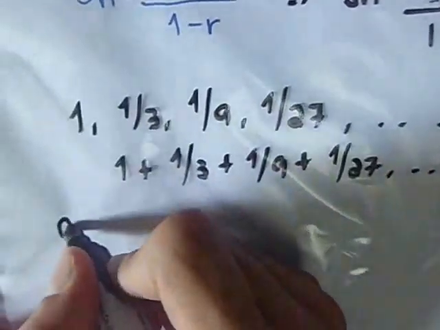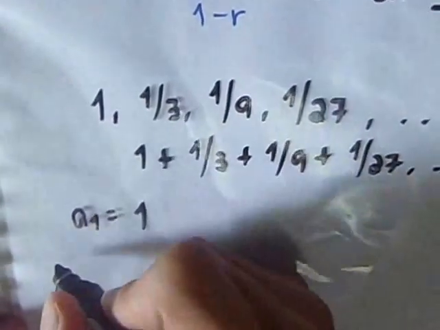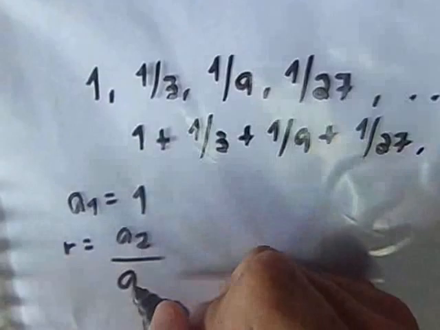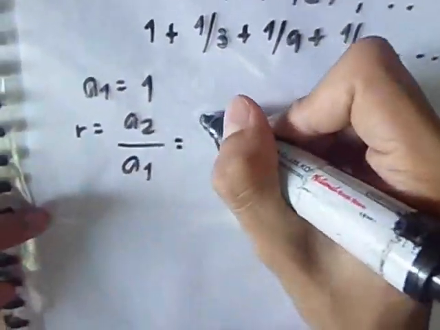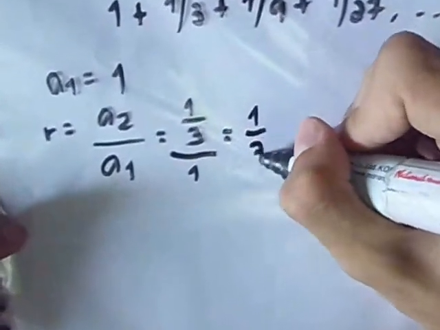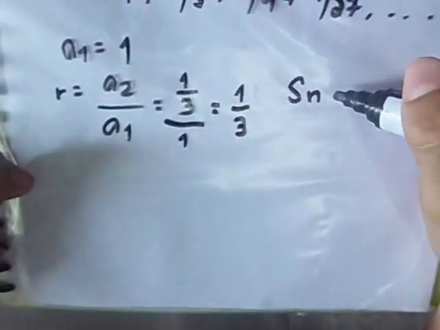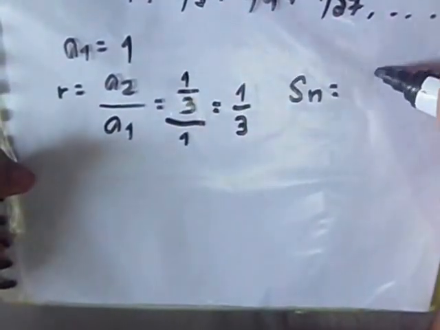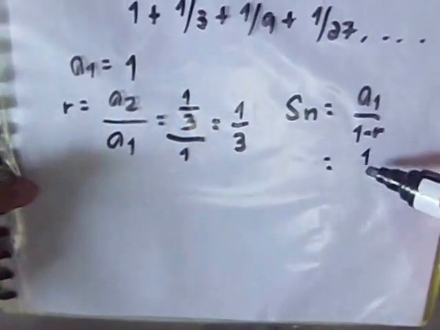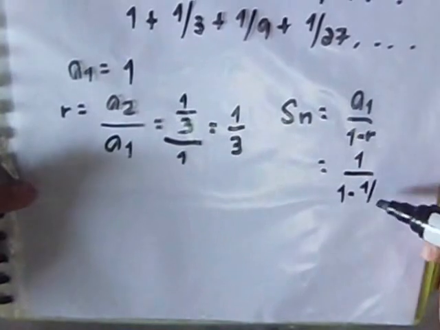We have a sub 1 is equal to 1, and r is equal to a sub 2 over a sub 1, which is equal to 1/3 over 1, simply equal to 1/3. Substituting it in our formula, we will have S sub n is equal to a sub 1 over 1 minus r, which is equal to 1 over 1 minus 1/3.